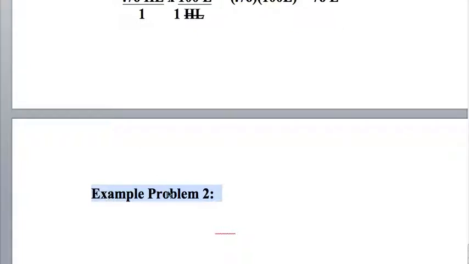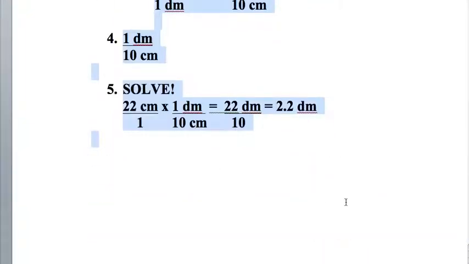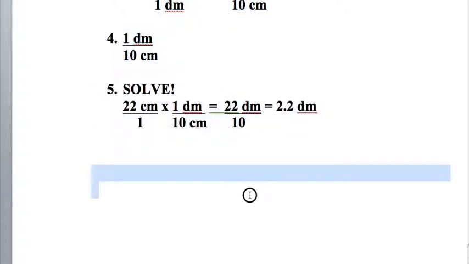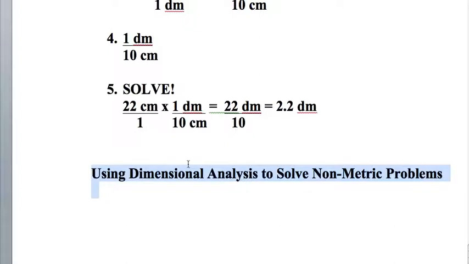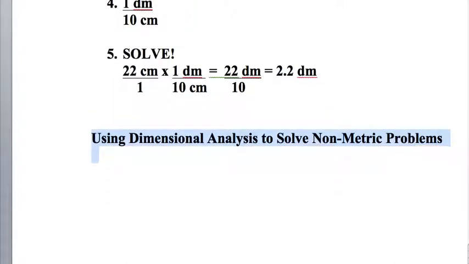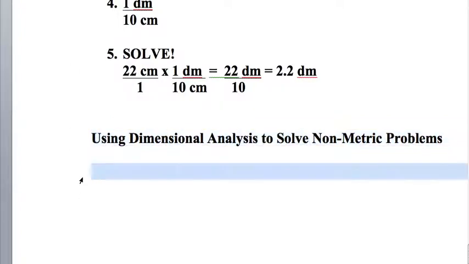And we're going to skip through the second example problem, and we are going to look at non-metric problems. They work the exact same way, except they often involve more steps.